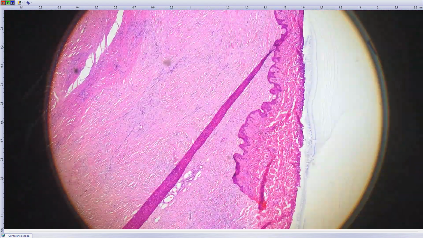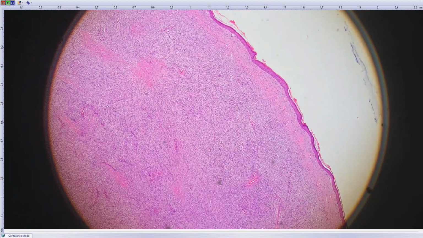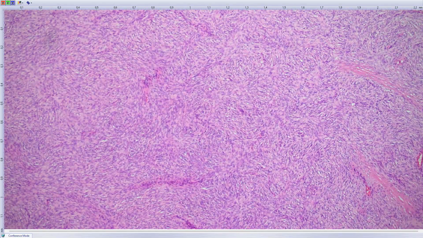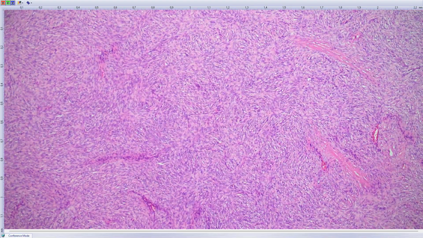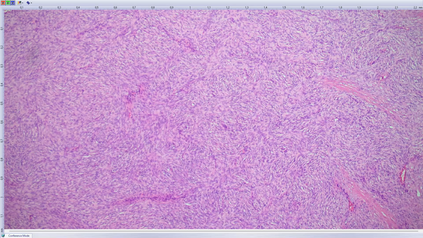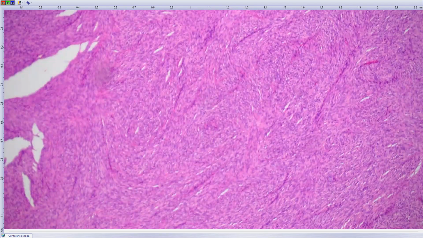Again, a very cellular spindle cell lesion. The epidermis was normal, a little bit atrophic, but otherwise normal, no dysplasia or anything. Again, this is a classic morphology for a tumor called dermatofibrosarcoma protuberans. This is a perfect storiform pattern.